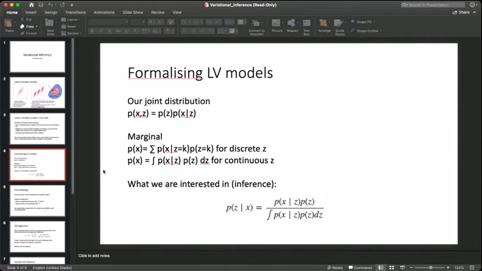And this is another fact. p of x, which is our generative model, the probability of our observed data, is the marginalization of our factorization up here.